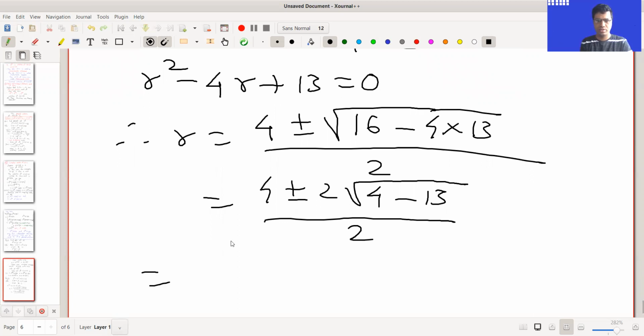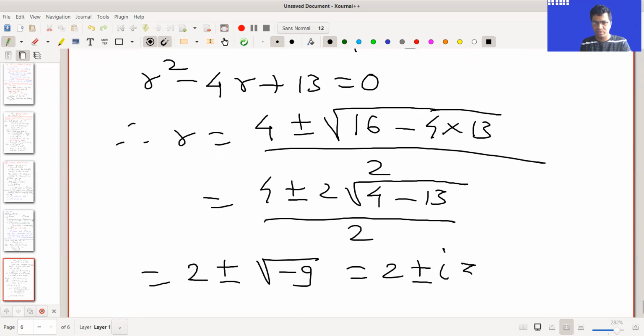So this is 2 plus minus square root of 4 minus 13, that is minus 9. So this is 2 plus minus i times square root of 9, that is 3. 2 plus minus 3i.